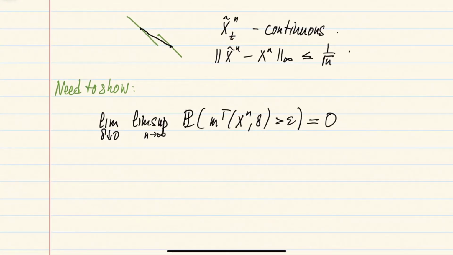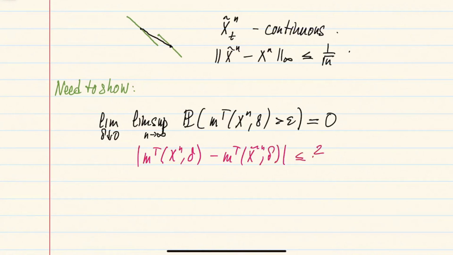However, again, you would like to prove this for the continuous version, x tilde, but I'm writing directly x_n instead of x tilde because if you consider the modulus of continuity of one of them, it will be within 2 over square root of n from the modulus of continuity of the other.